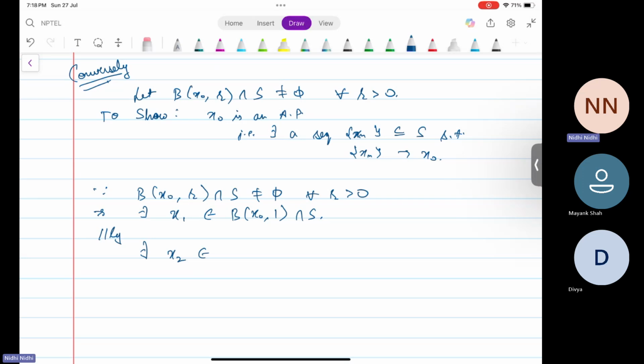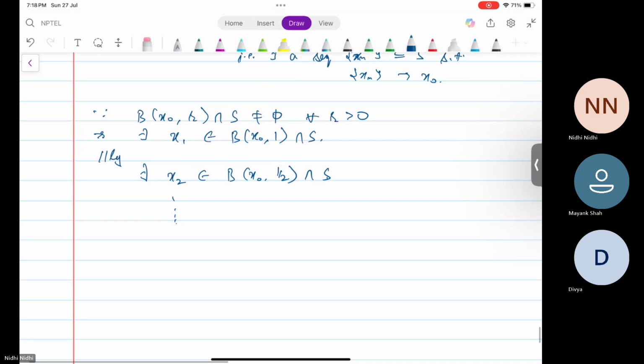We don't care. We just need a sequence. The sequence need not be of distinct terms. So you can find this x2 in B(x naught, 1/2) intersection S, and so on. We have xn in B(x naught, 1/n) intersection S.